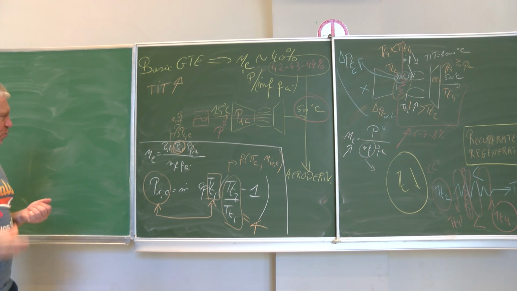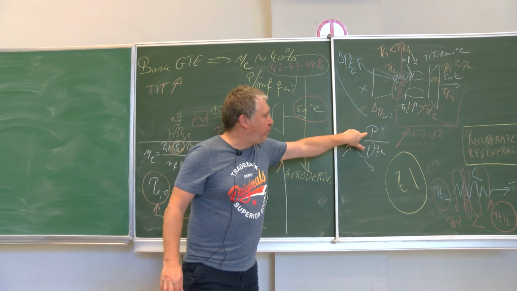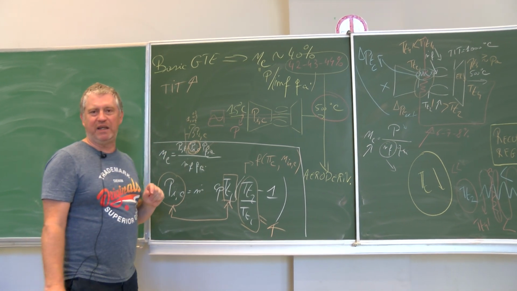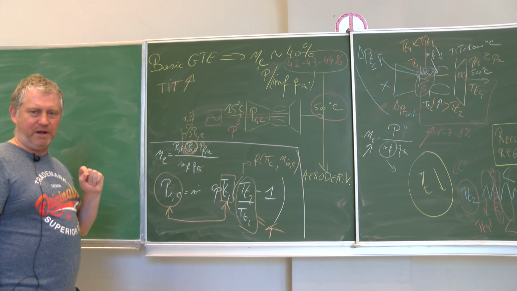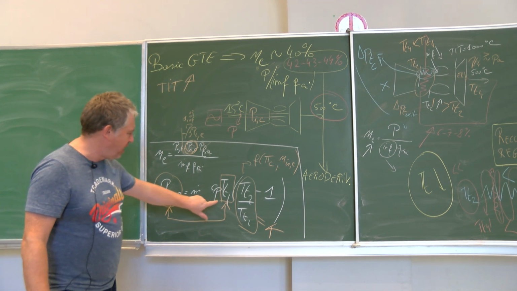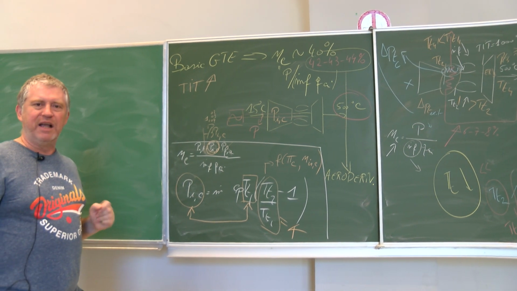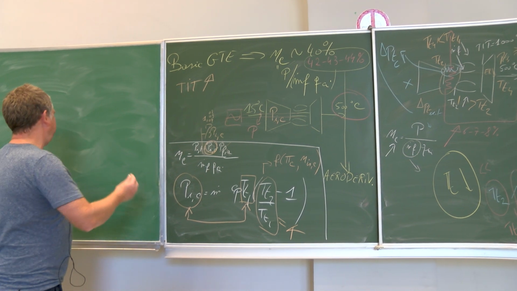And how could you increase eta E? This is by increasing the power. And how can you increase the power? By decreasing the power absorbed by the compressor. And how can you absorb less power in the compressor? By cooling down the compressor. So what will be the nice solution?